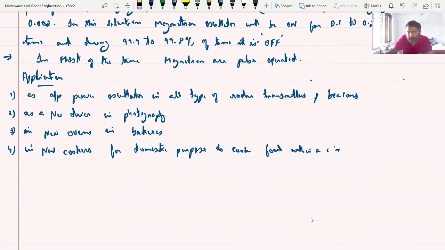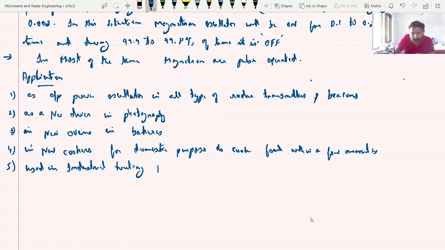That is good. The next one, used in industrial heating purpose. Okay, so these are some of the chief application of magnetron oscillator.